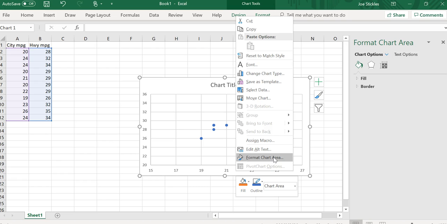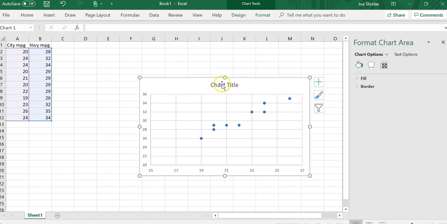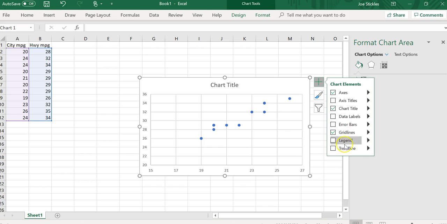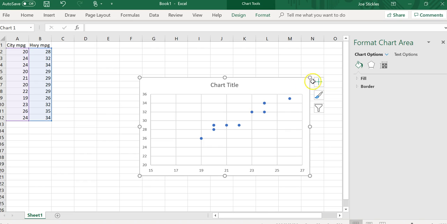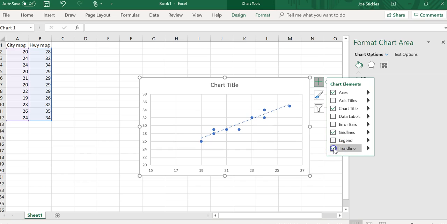I'm just trying to remember. Mine is up top in the toolbar. Oh, here it is. Okay. If I go up here where it's got the little plus sign, it's not where I found it before, but thank you. With the chart elements, if I hit the little plus sign, I can click on the trendline and it'll put it in there for you. Oh, mine doesn't have a plus sign. Go back over here.